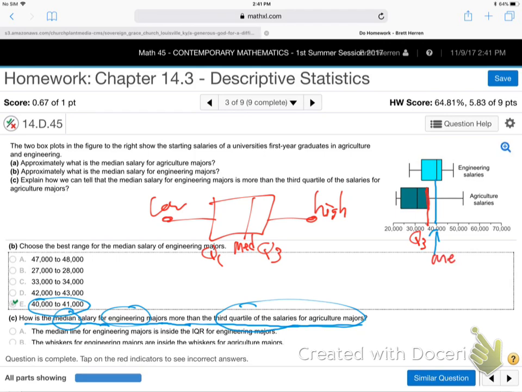So sure enough, the median for engineers, the average engineer, makes more than 3/4 of the ag people. You see that? That's what that's showing. So you could look at that and know how salaries are going to typically go based on your major in college. 3/4 of ag people will make below the average engineer salary, at least according to this little chart.